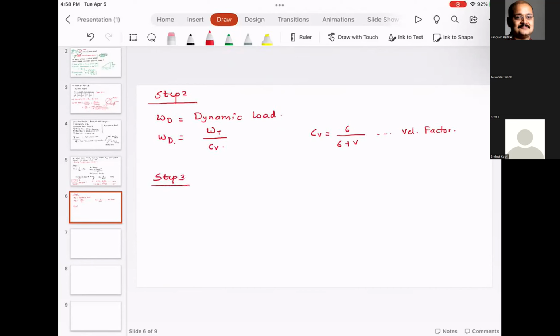Step 3 is you have to find out static load. So step 2 is dynamic load. Step 3 is static load. Static load is WS. What is the difference here?